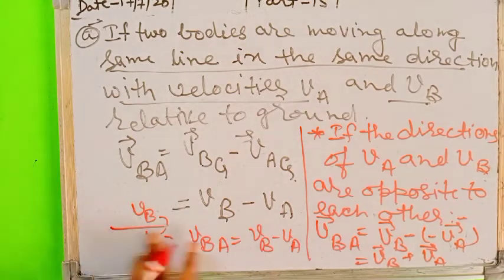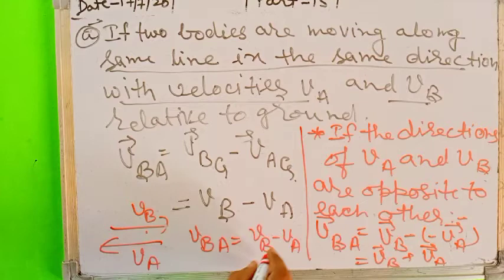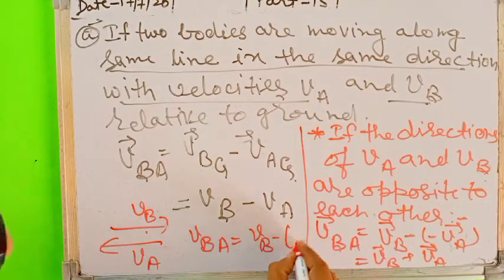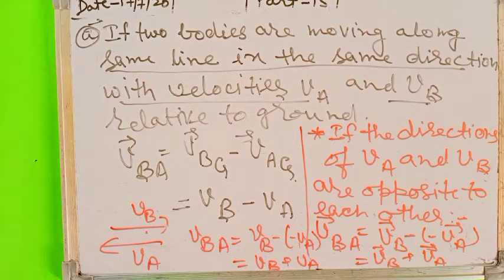And if they are moving in opposite directions, then VBA is equal to VB minus minus VA, that is VB plus VA. Clear, students? I think all of you had got it and it is clear to you. Now the second example.